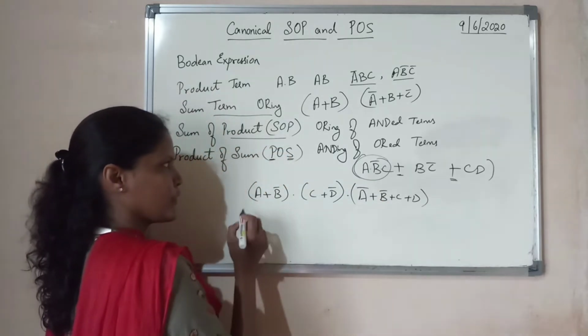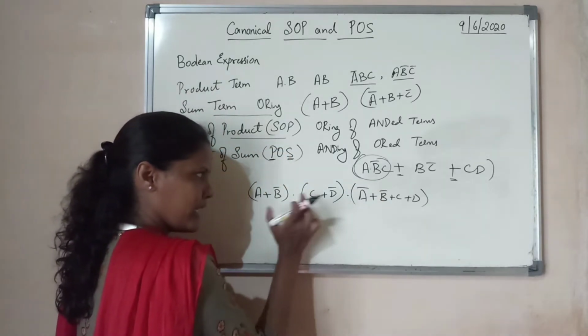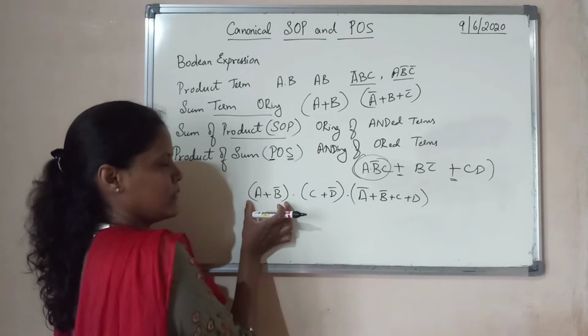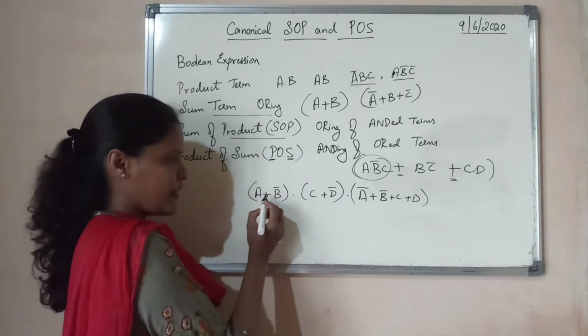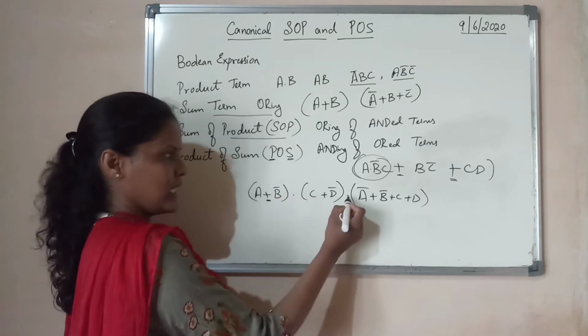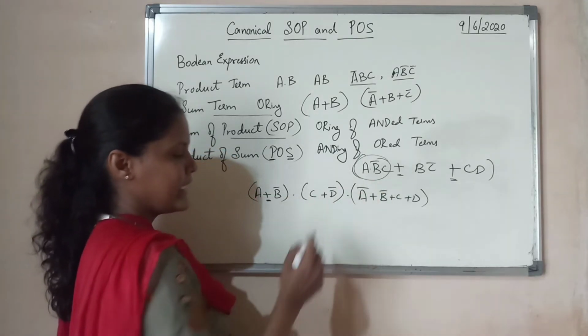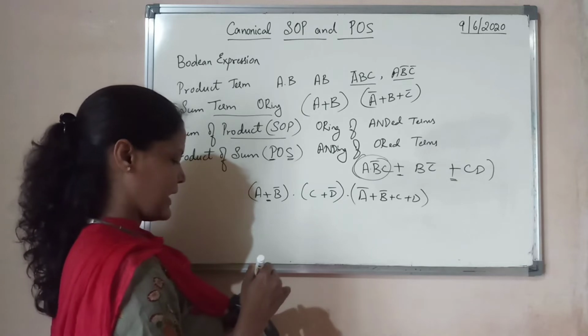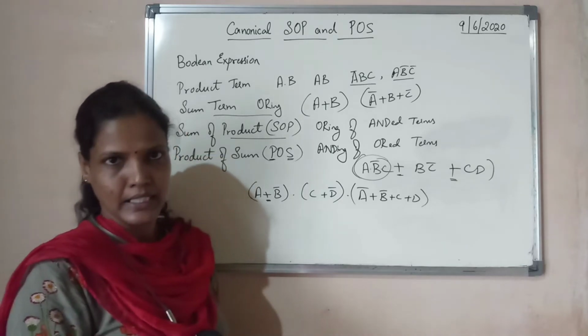So this is the product of sum terms. Here the terms are OR terms, and these OR terms have been ANDed. So ANDing of OR terms itself is called product of sums.